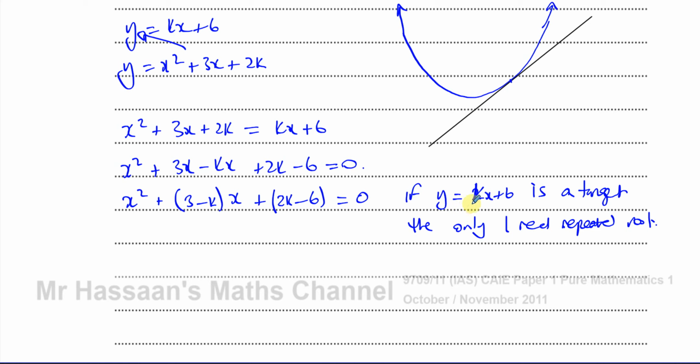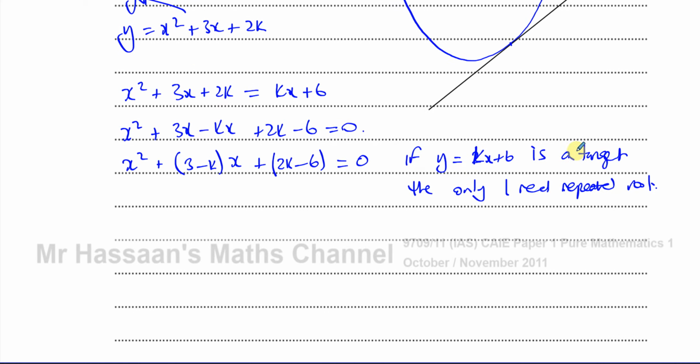Now there is something in the quadratic formula which we should all know. x equals minus b plus or minus the square root of b squared minus 4ac, all over 2a. There's something in this formula that discriminates between how many solutions a quadratic equation will have.